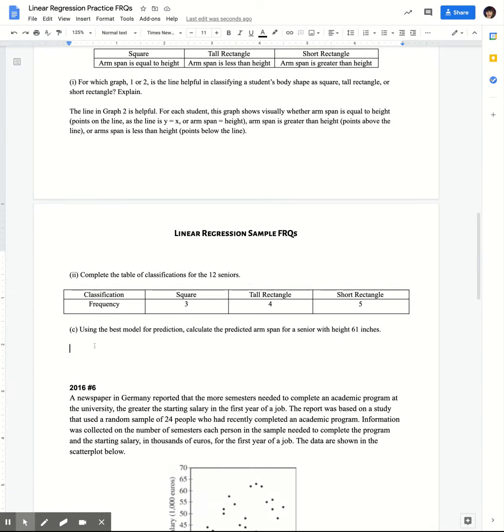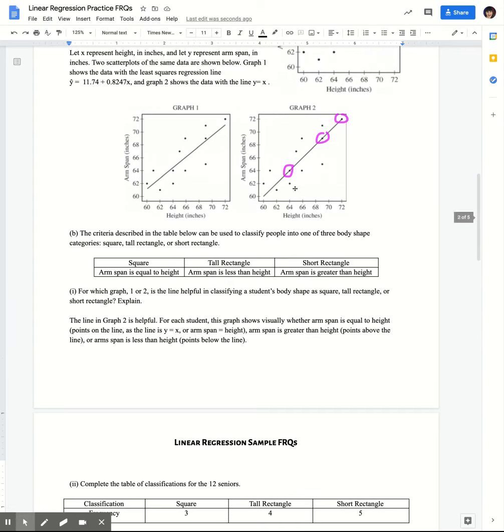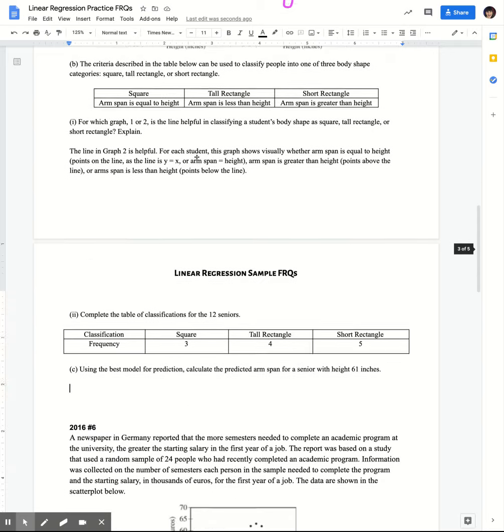All right, and then part C says, using the best model for prediction, calculate predicted arm span. Okay, so even though this graph 2 is the best for classification, the least squares regression line is always the best line for prediction, always.